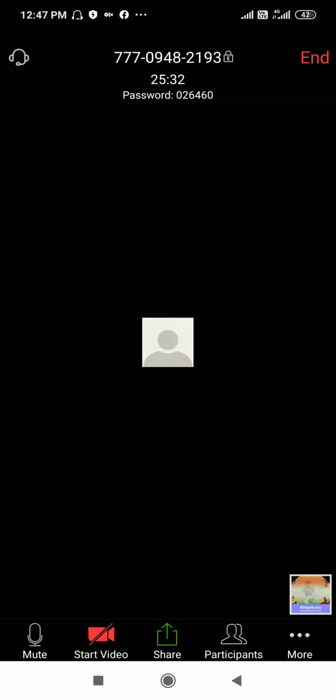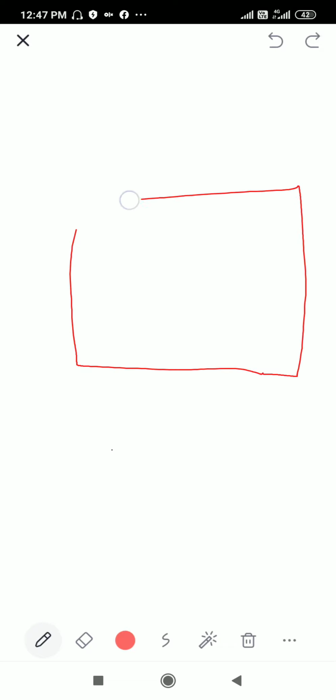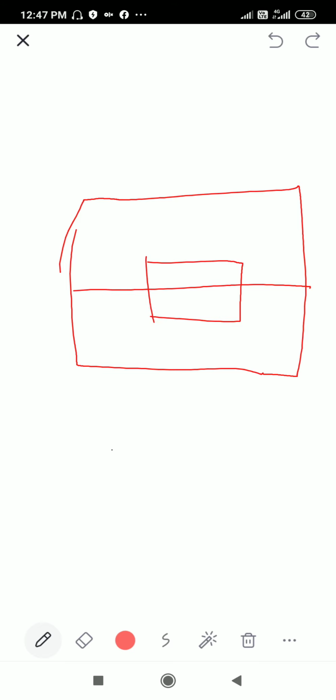Let us see if there is a whiteboard to share with you. So see, this is a molding box. In this molding box here is a mold cavity.